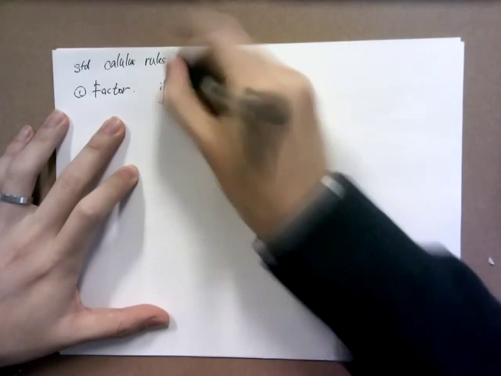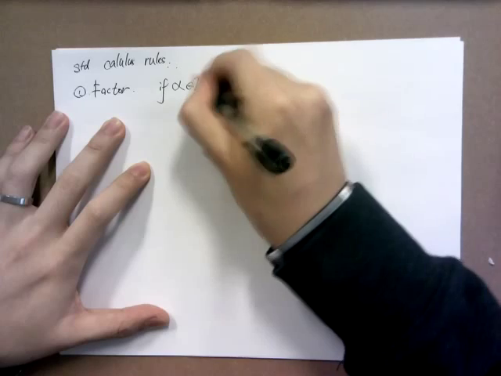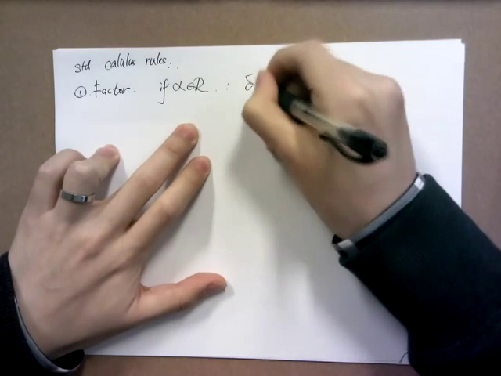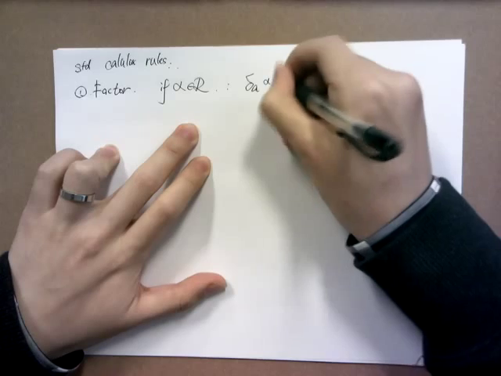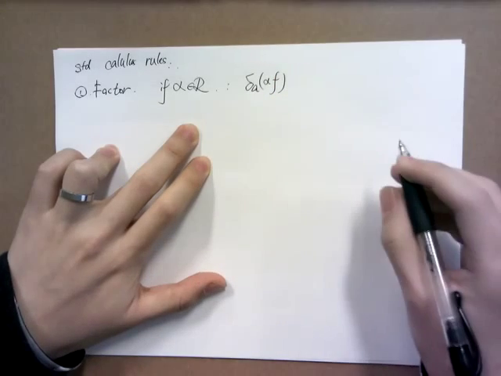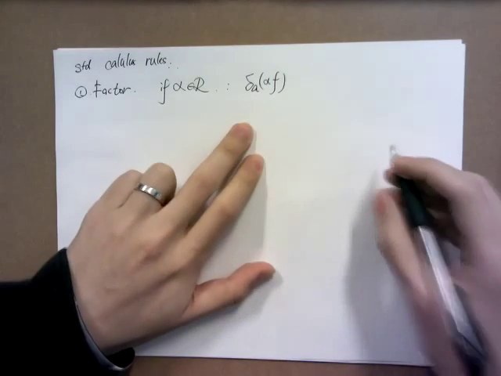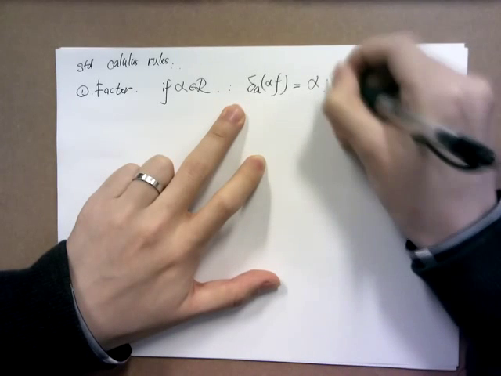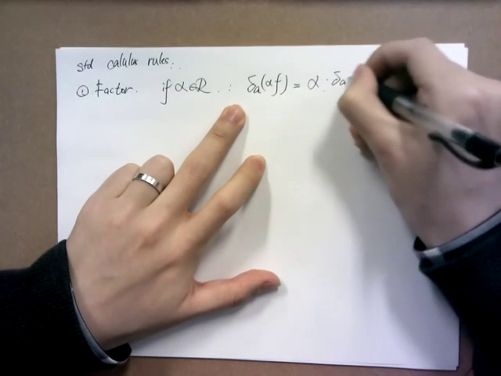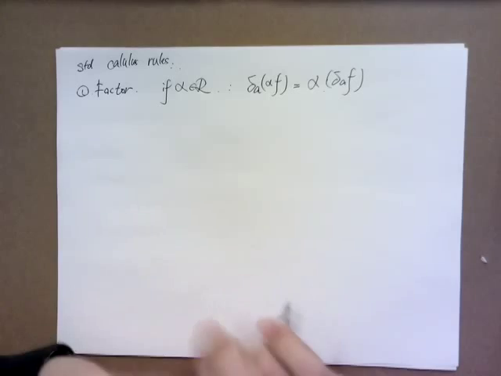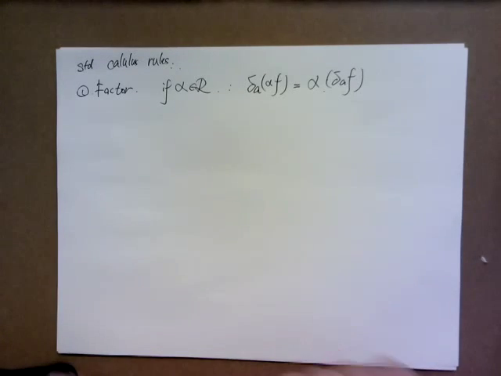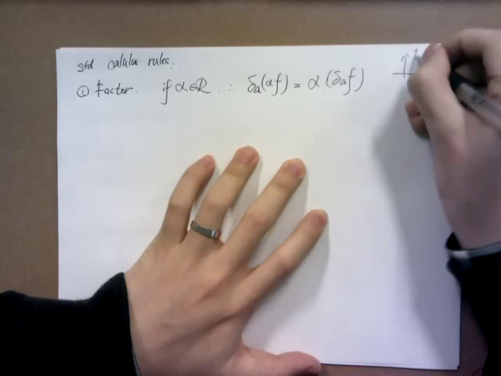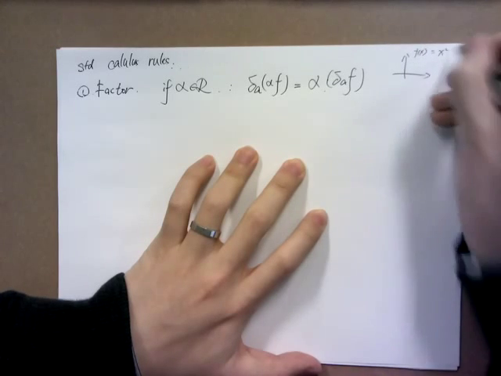So if there is an alpha that belongs to R^1, what is the first order derivative of alpha f? We can basically get it out. It's alpha multiplied by the first order derivative of f. Is that true? Imagine there is a function f(x) equals x squared.